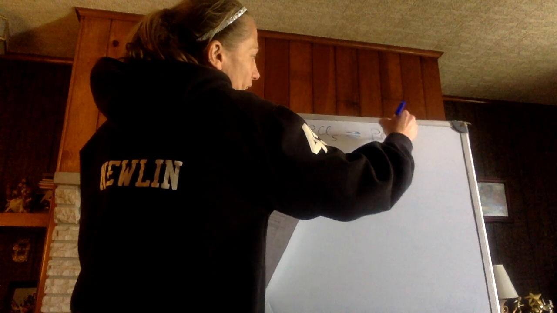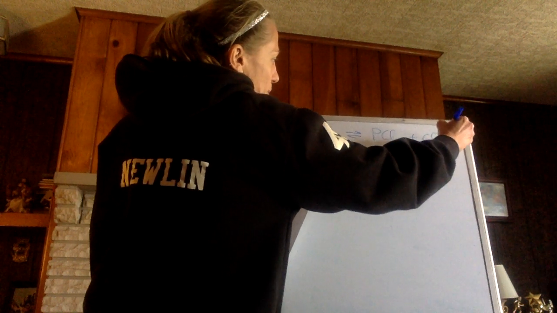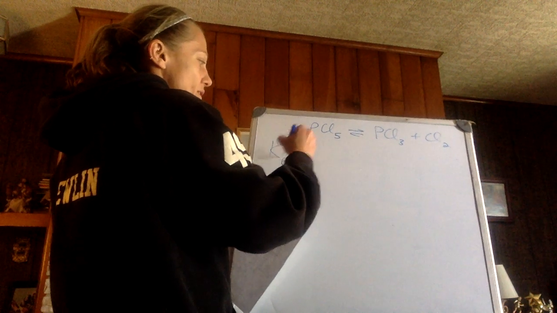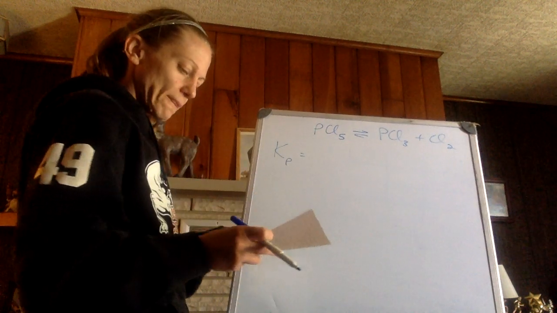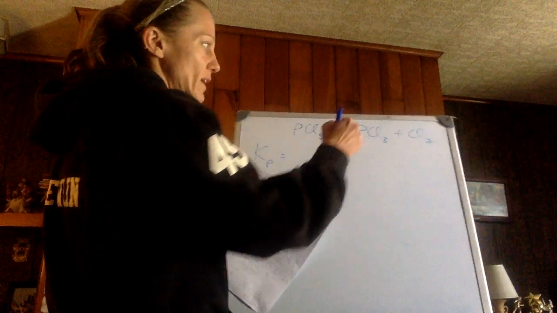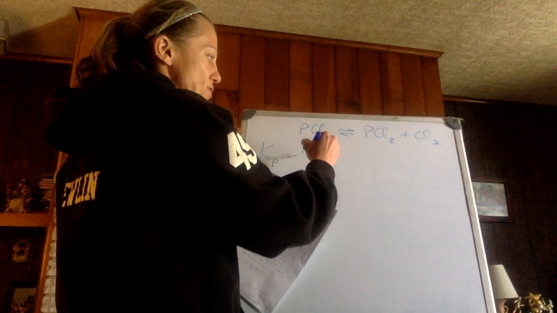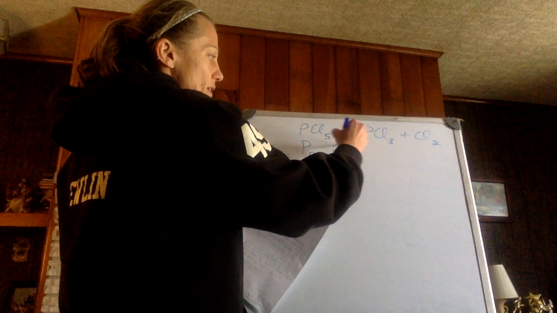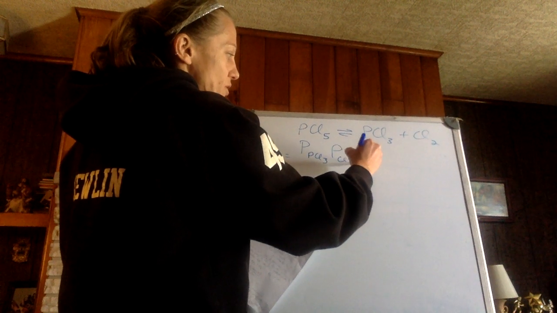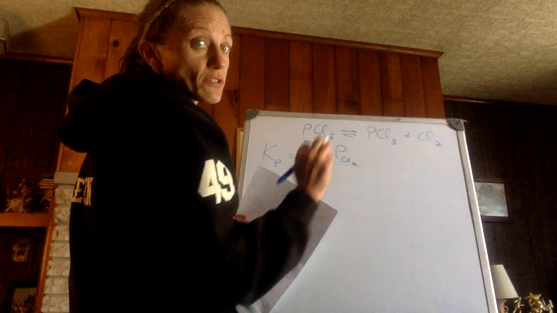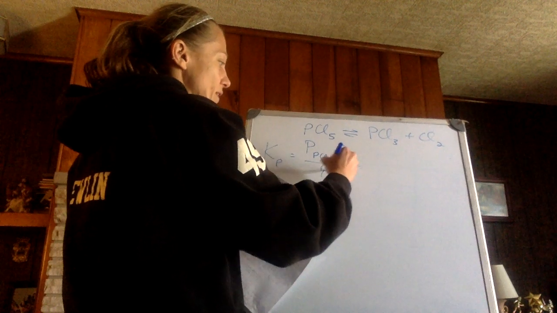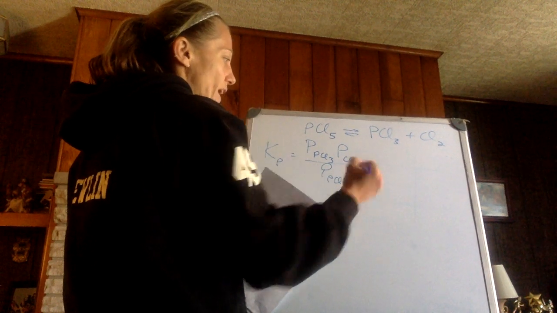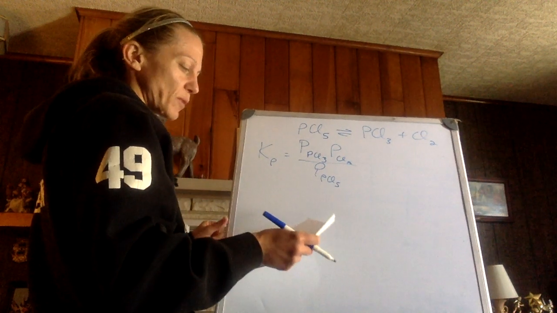We can avoid writing out the gas thing here because by saying Kp, we know they're gases. So my expression for Kp is going to be my partial pressure of PCl3 times my partial pressure of Cl2 over the partial pressure of PCl5. This is pretty nice. There are no coefficients, so nothing squared or cubed. There's my Kp expression.